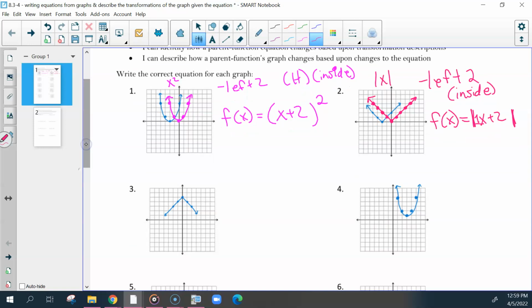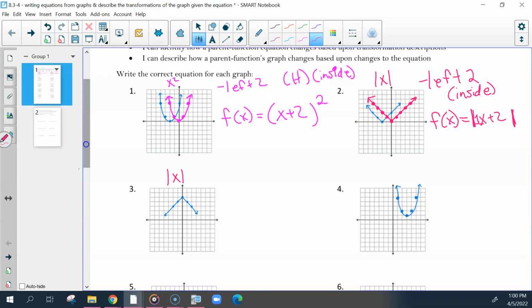For number 3, which type of function is this, quadratic or absolute value? Absolute value. Even though it's upside down, it's still absolute value. So knowing which type will help you when we go to write the equation. And then visualize this or draw it on your graph. If we're looking at this compared to the parent function, what changed?